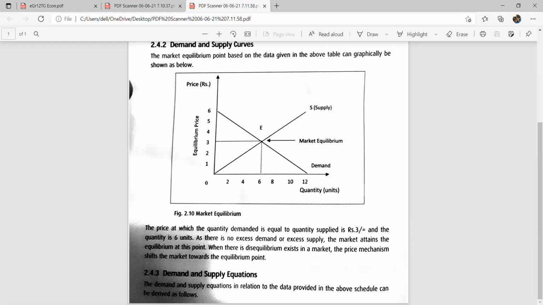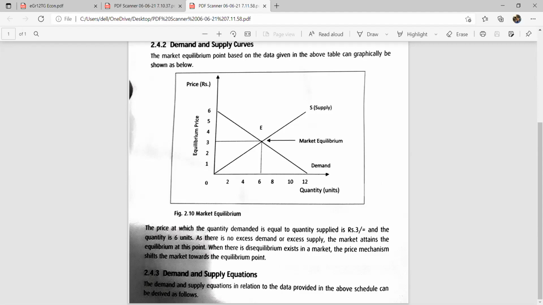Right now we understood the way of determining the equilibrium. Now we look at change in the equilibrium. So in the same page 2.5 it says the equilibrium point that is determined through the interaction of demand and supply forces could change due to changes in market forces. When demand and supply curve shifts, the change in market forces can be discussed under 3 categories.